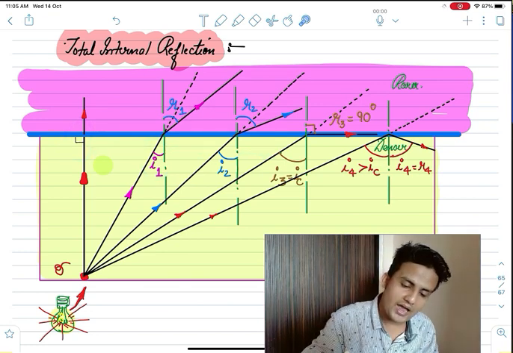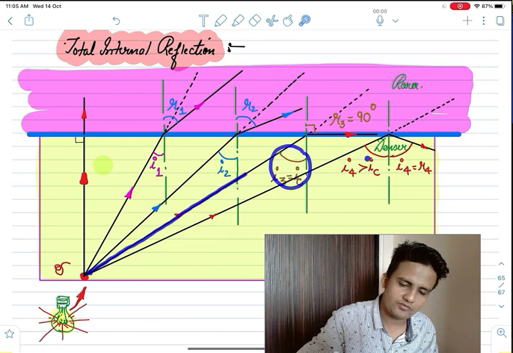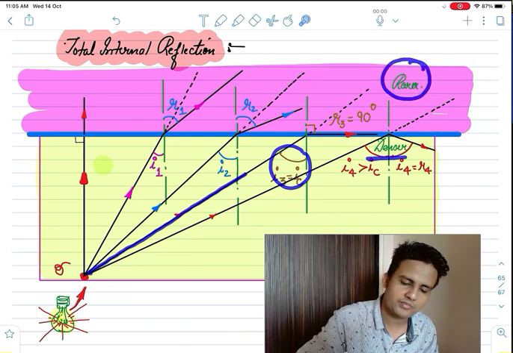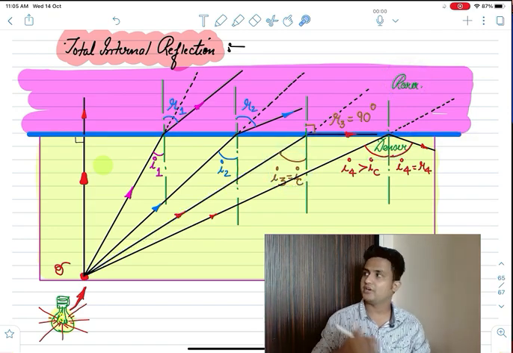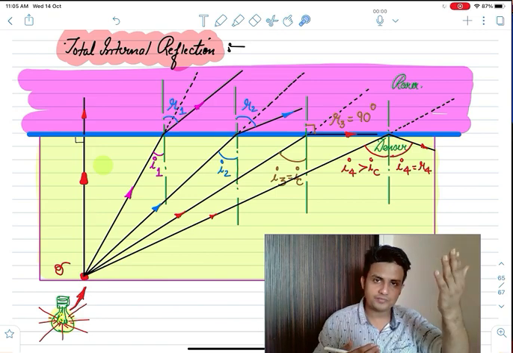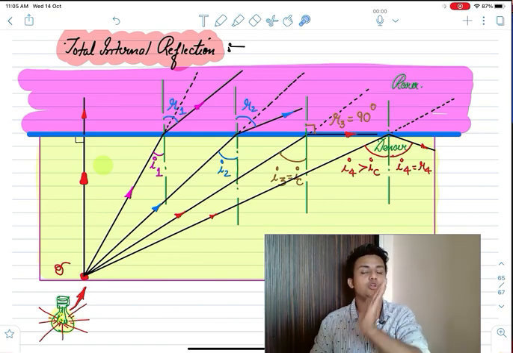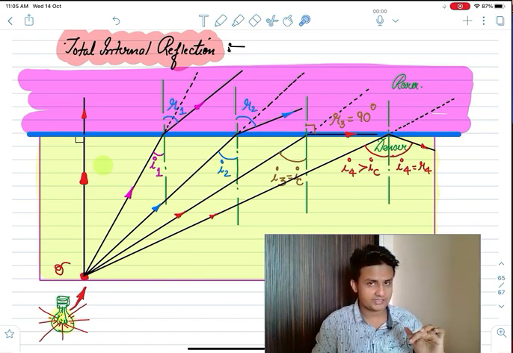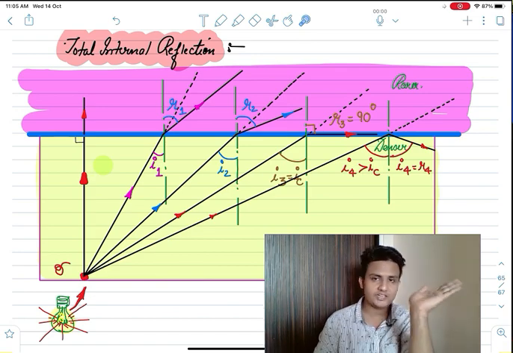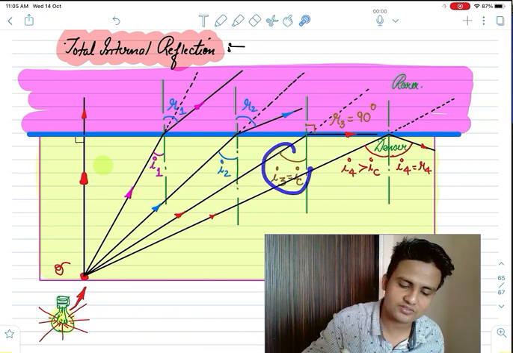Now, at the angle at which a light traveling from a denser medium to a rarer medium goes along the interface, that angle is known as the critical angle. So when you travel from a denser medium to a rarer medium, and your ray of light neither goes into the rarer medium nor comes back into the denser medium but goes along the interface, that angle is the critical angle.